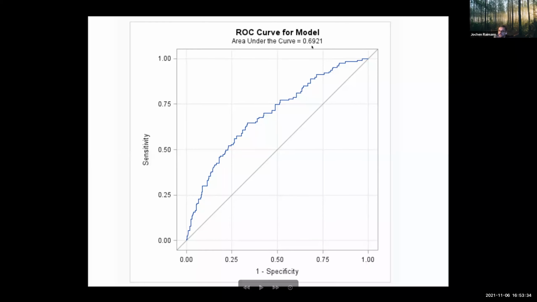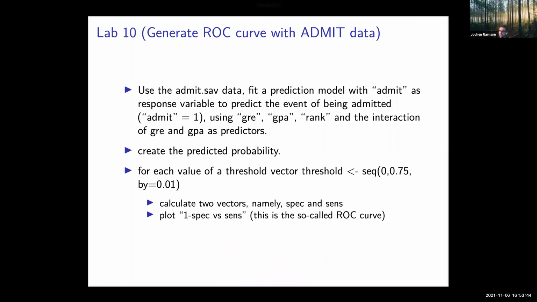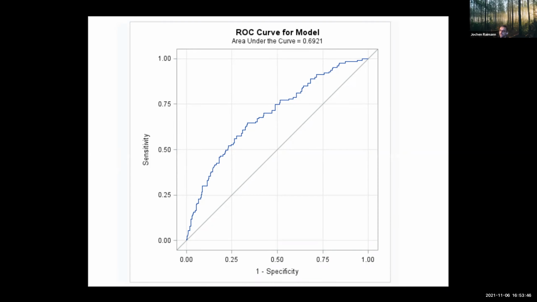So the greater it is, the better the diagnostic performance of your test. And this is important to keep in mind: if you change the threshold, which we will do in the lab, you get different sensitivities and specificities, and this needs to be kept in mind for the determination of the threshold, where you use different approaches to determine that.